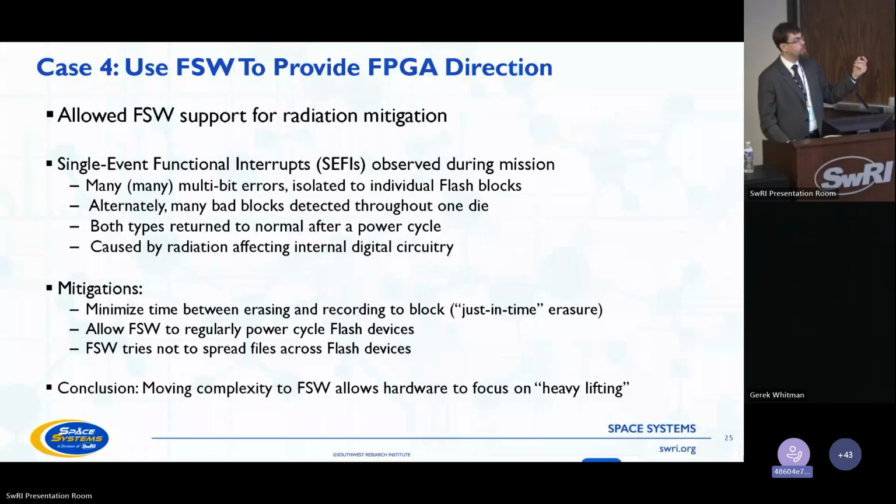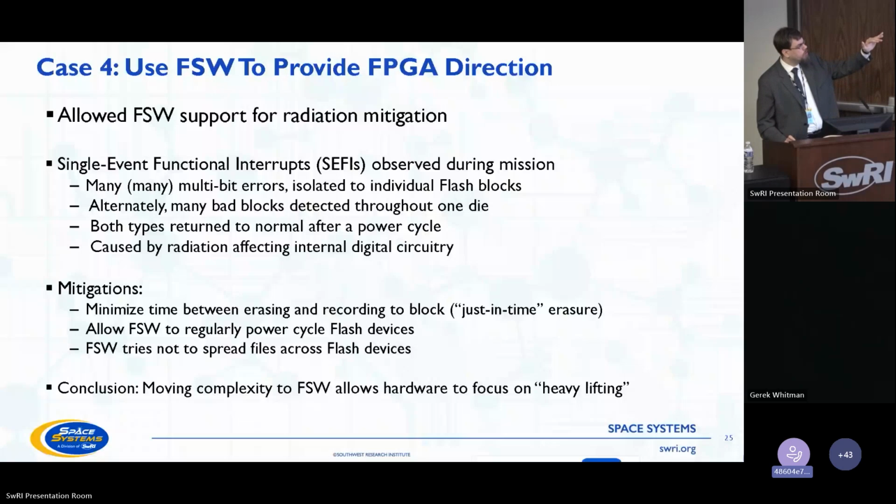But alternately, you could suddenly trigger the bad block detection isolated to one particular die. So these are all very bad things, but they're single event. And once power cycle was applied, both types actually vanished.